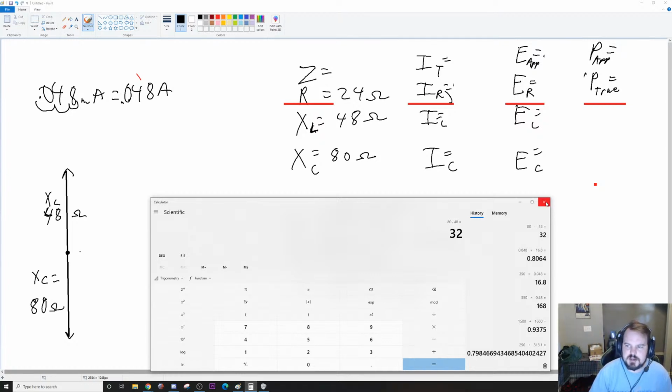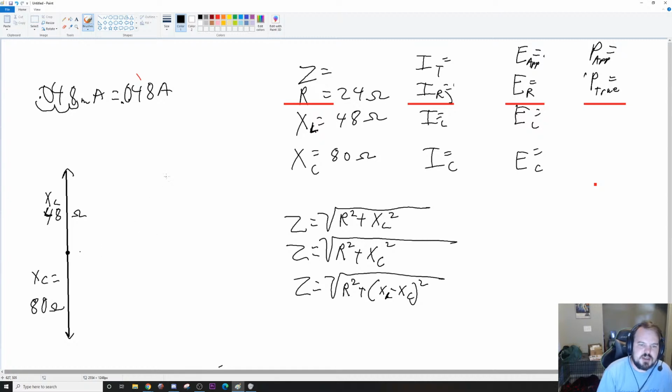It's a little bit more straightforward to me. So 32. So we will have a 24, and then our resultant vector will be here, and it'll be 32 ohms.